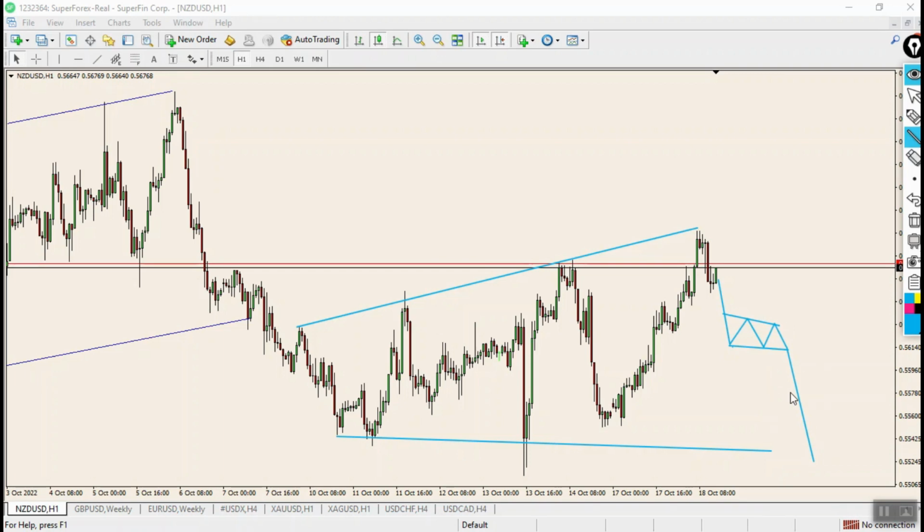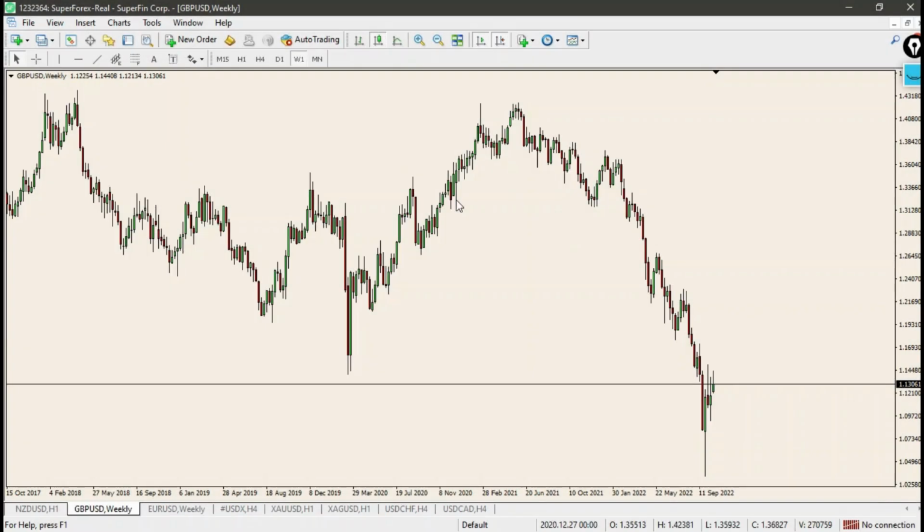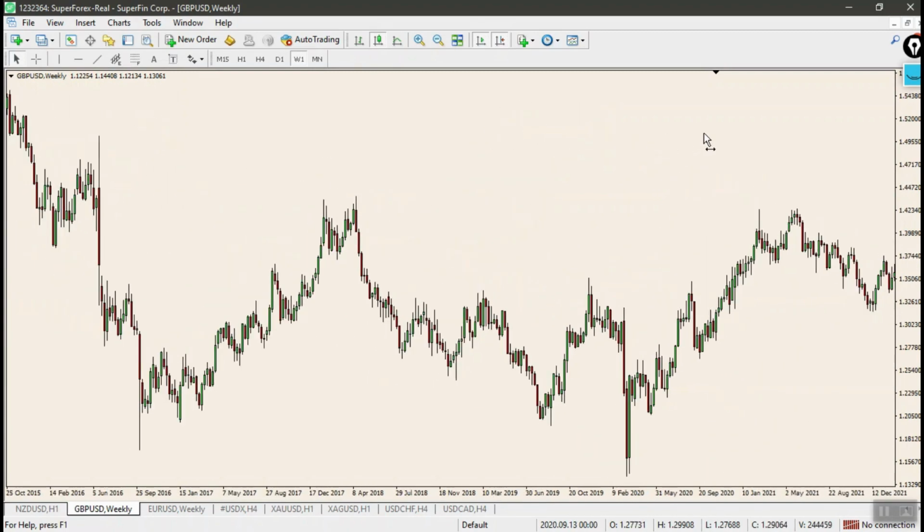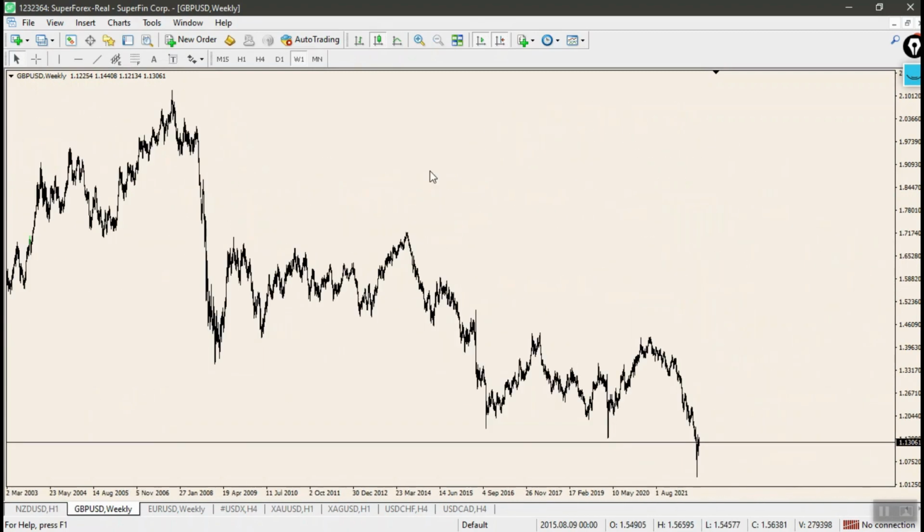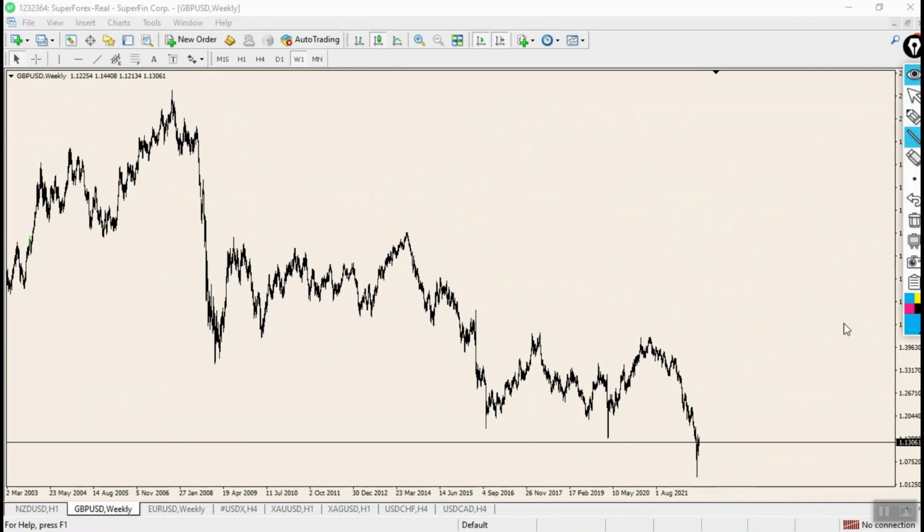Let's move on to GBPUSD for further analysis. Right, we are on GBPUSD, and as you can see, similar to NZDUSD, we've been on a downtrend. Let me identify the downtrend. Yes, here we go. We've been on a major downtrend for the longest of time, from here going down.